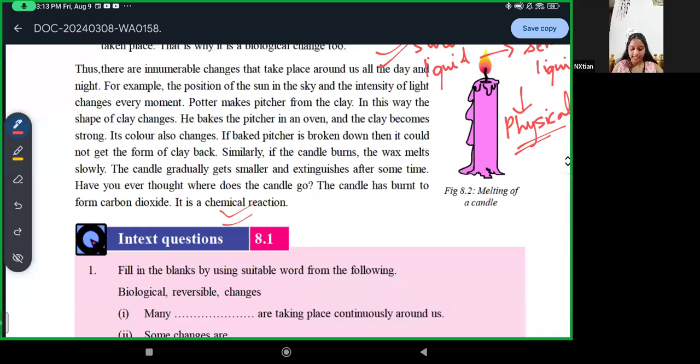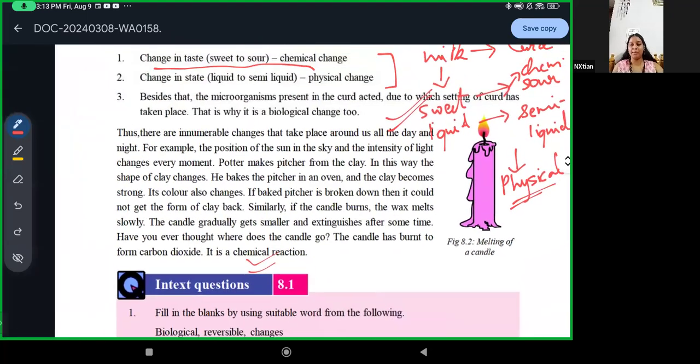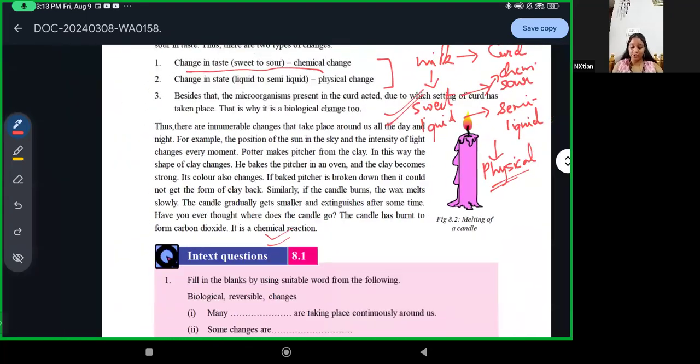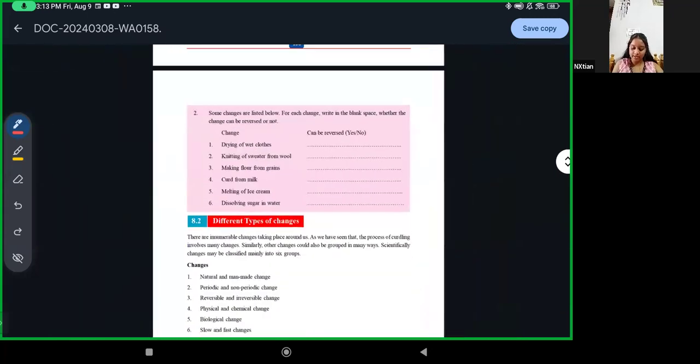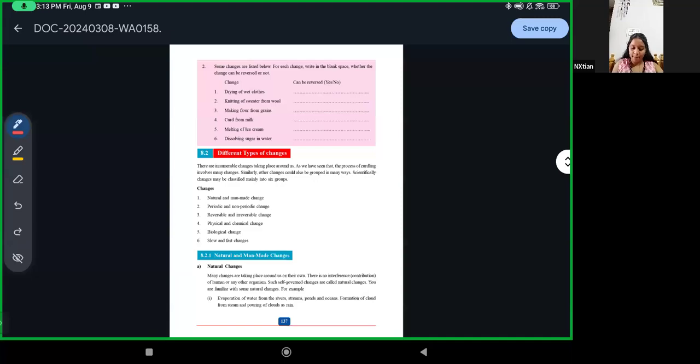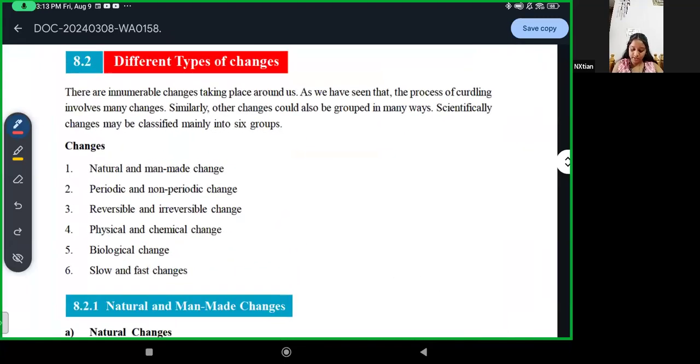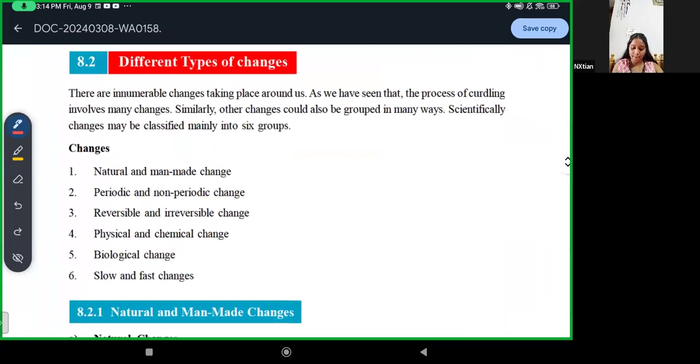A candle burning produces carbon dioxide. This is a chemical reaction. Two types of changes take place: chemical changes and physical changes. Then there is this small exercise that you can try out.